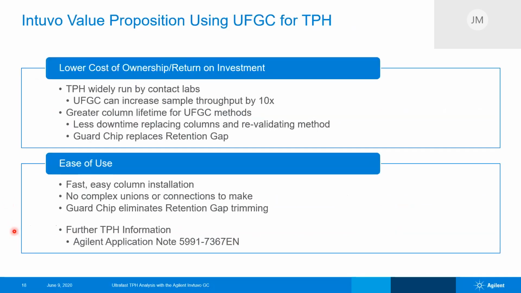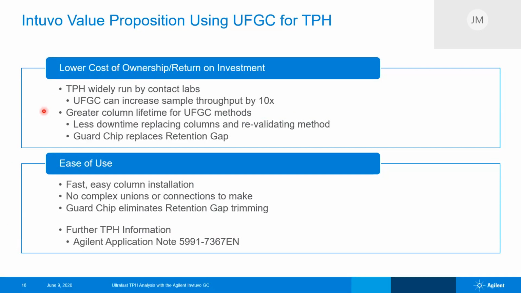So the value proposition for what Intuvo can bring to your laboratory using Ultrafast GC is lower cost of ownership and return on investment. You can improve your laboratory throughput up to a factor of 10 or even higher. We get greater column lifetime.